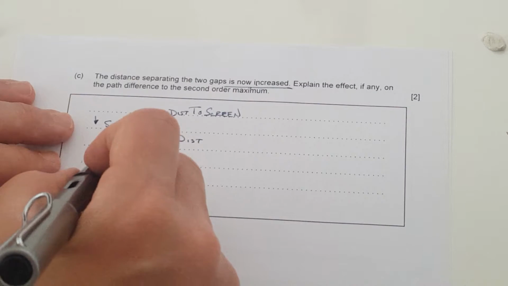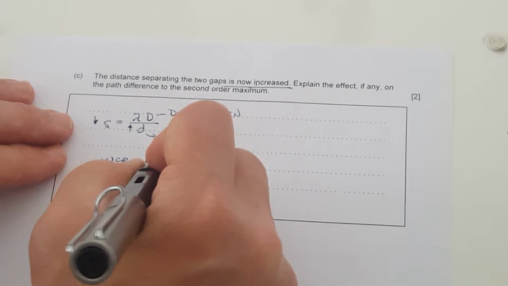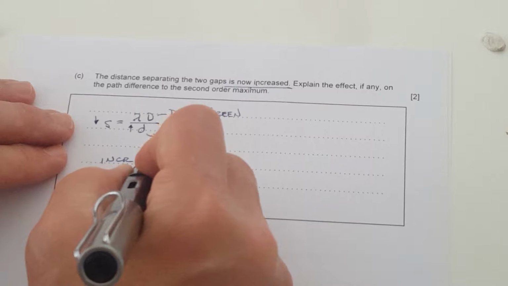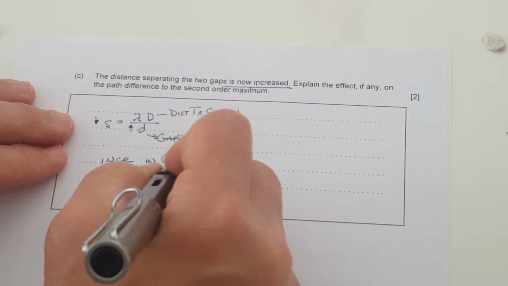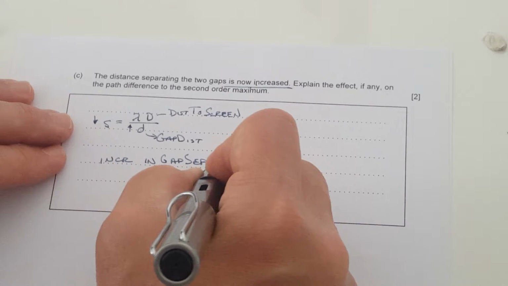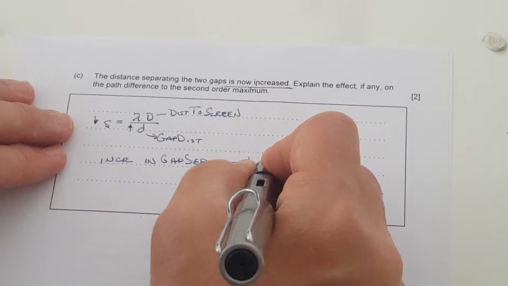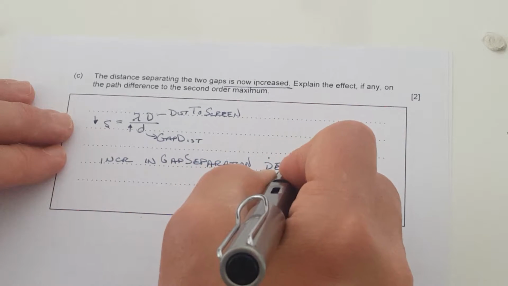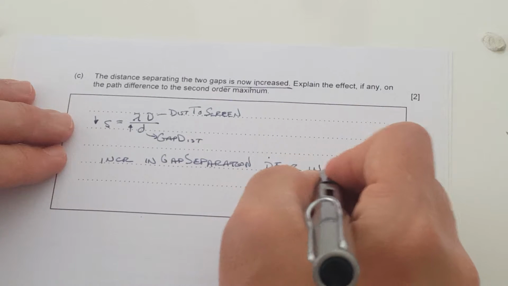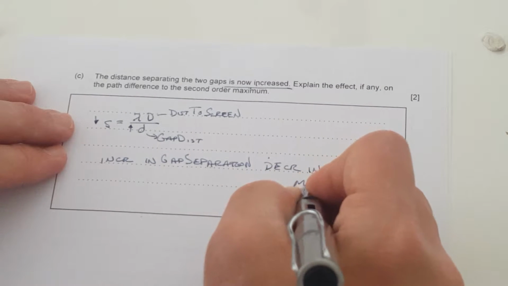So we could say that an increase in gap separation will cause a decrease in distance of maxima.